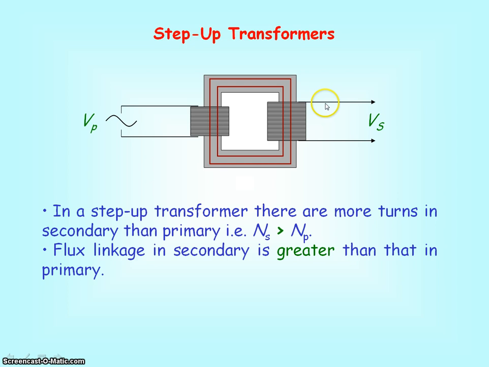The induced EMF across the secondary coil will equal its rate of change of magnetic flux linkage, and as it has a larger flux linkage, then the rate of change of flux linkage will be greater, and so the EMF induced will be greater, and so the voltage across the secondary coil will be greater than the input voltage that was across the primary coil. So we've stepped up the voltage.